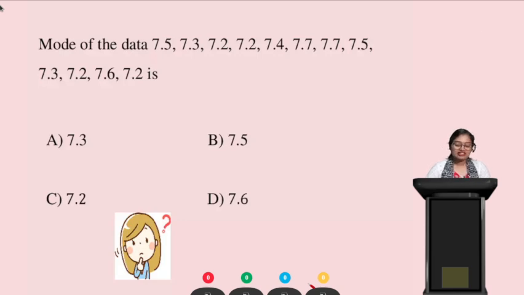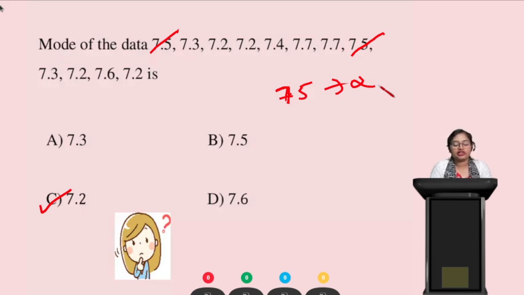Yes, here option C is the correct answer. How? Let's see that. How many times is 7.5 repeated, children? Here you can see 7.5 is repeated twice. So the frequency of 7.5 will be 2.